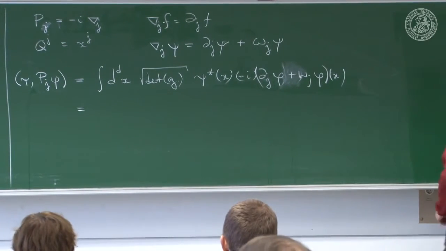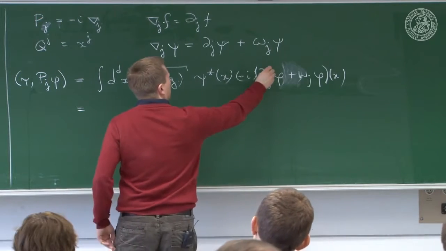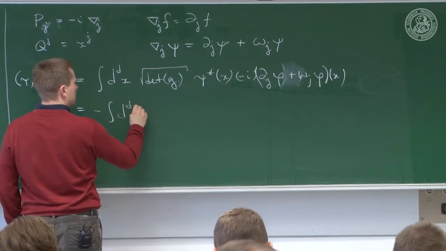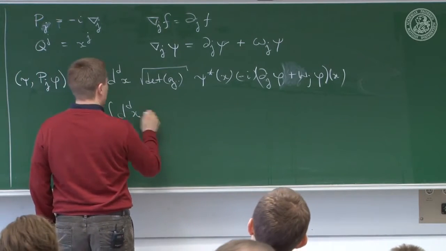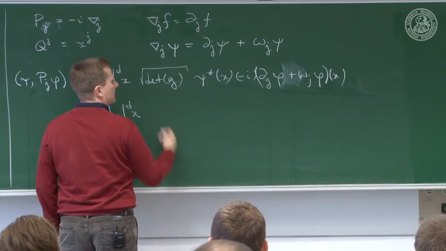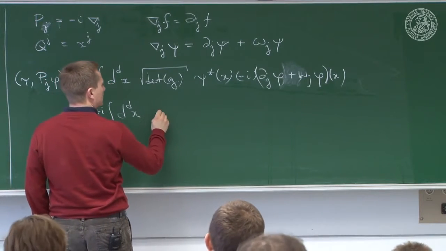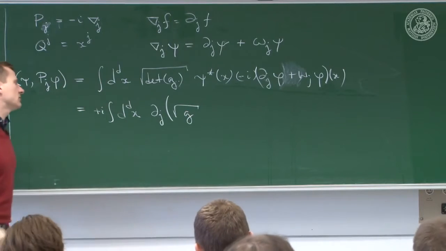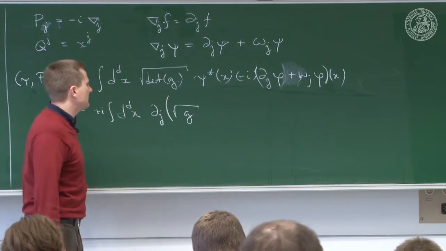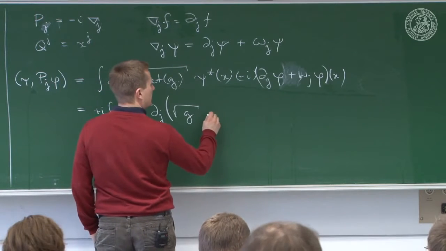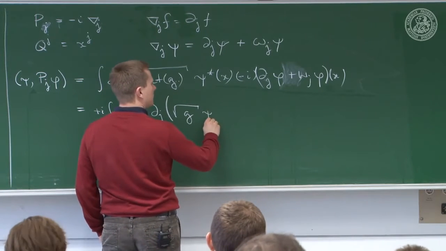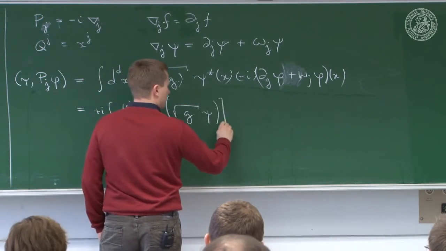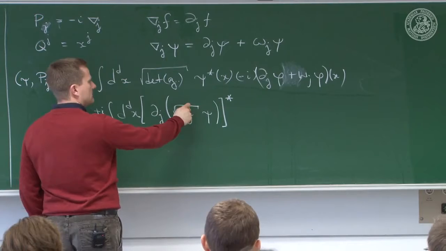And now, of course, we have to deal with moving this over here. So we get a minus integral d^d x, and now a plus i, because a minus i, and then we get a del j, but acting on this entire thing. So I write it in a shorter and shorter form. So just write the g, I mean the determinant of g, and then we have the psi. We can obviously first derive it like this, then star it, because this is real.